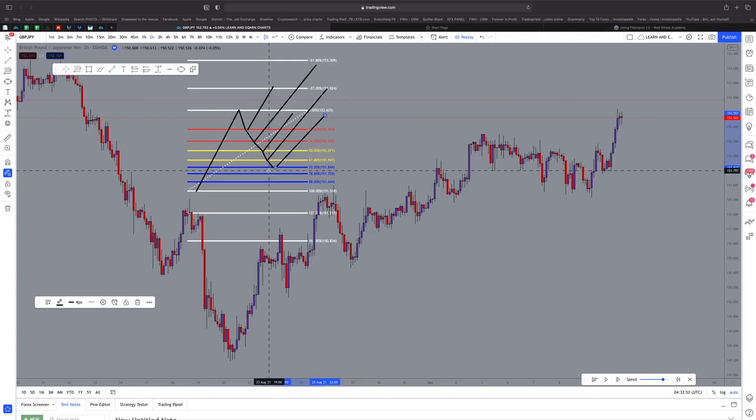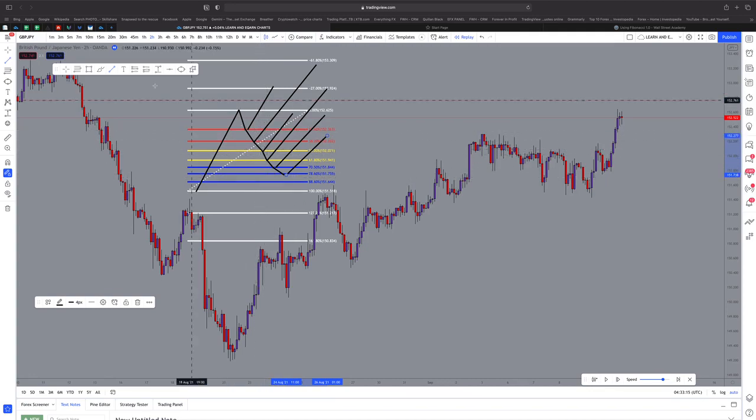Then we have the 78.6. The 78.6 is a market structure level, and it's the second slowest level. It takes a while, but price can print here and go like this, right? So let me stop for a second. Keep in mind that we have red, yellow, and blue. Now we're finally into blue.